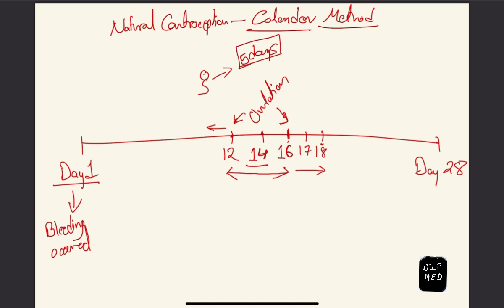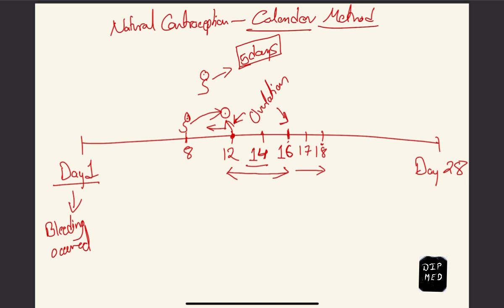So if this female had sexual intercourse on day 8, the sperms deposited on day 8 can survive up to day 12. If she releases her egg on day 12, the same sperms can fertilize this egg, and the female can get pregnant.